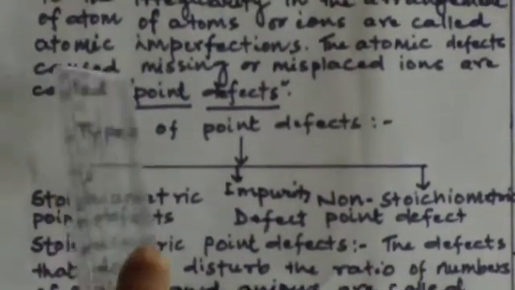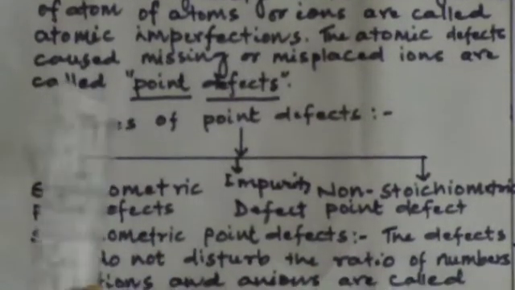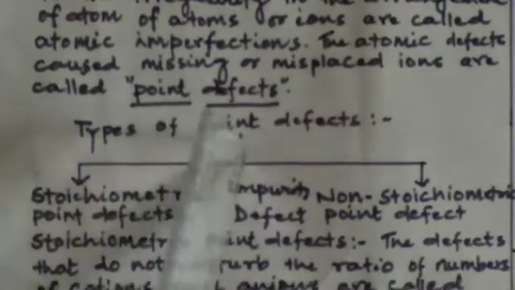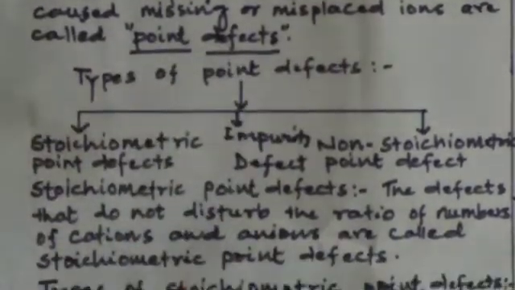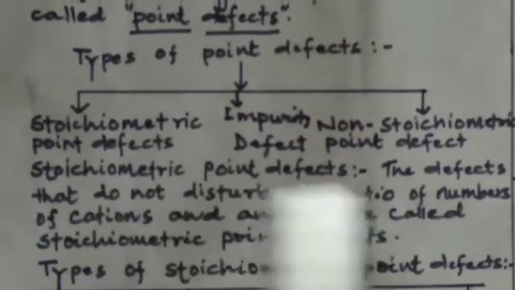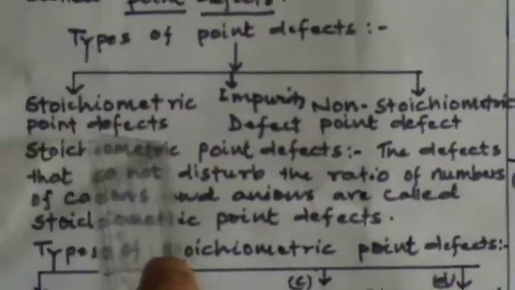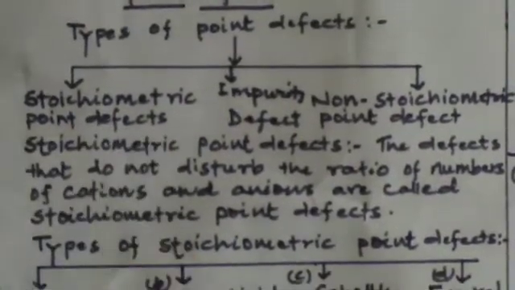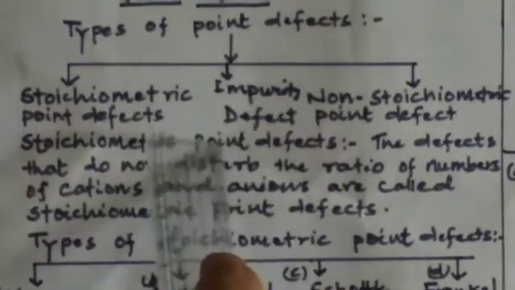Now, after knowing the point defect, we will discuss the types of point defect. Point defects are basically of three types. First, stoichiometric point defect. Second, impurity defect.